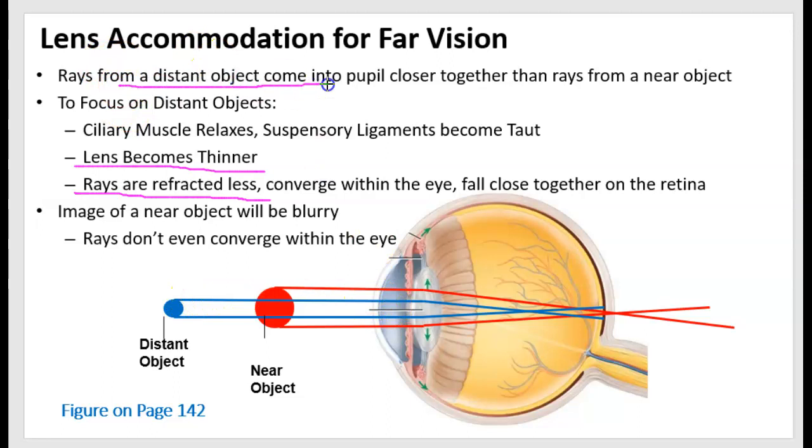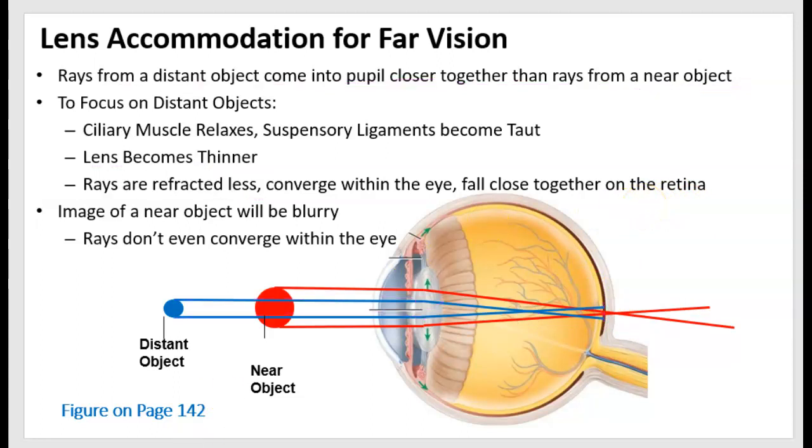So rays from a distant object come into the pupil or the eye closer together than something close to our eyes. So here are the rays coming in pretty close together. Since they're already pretty close together, they don't need to be bent quite as much to get this point of convergence and a nice, sharp, focused image on the retina.